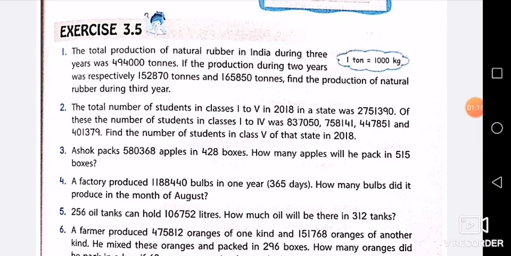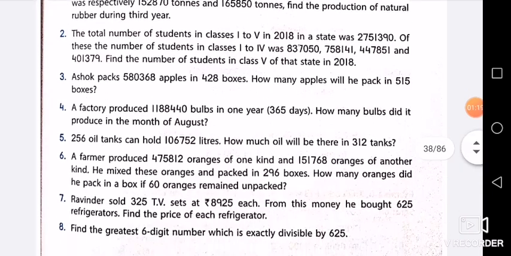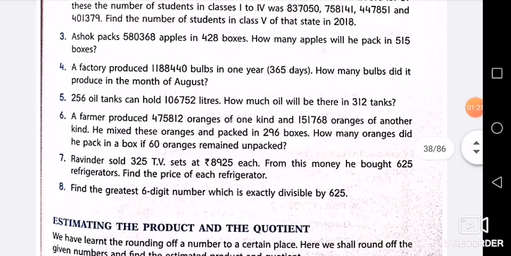Now question number 4 is: a factory produced 11,88,440 bulbs in 1 year. How many bulbs does it produce in the month of August?